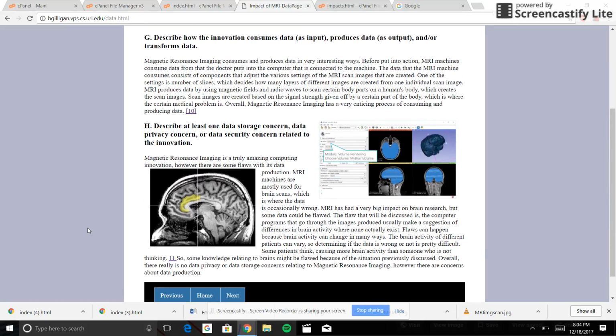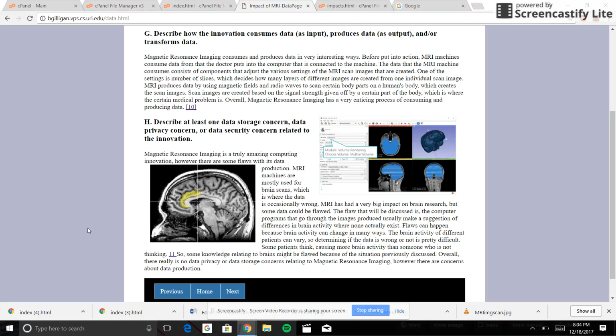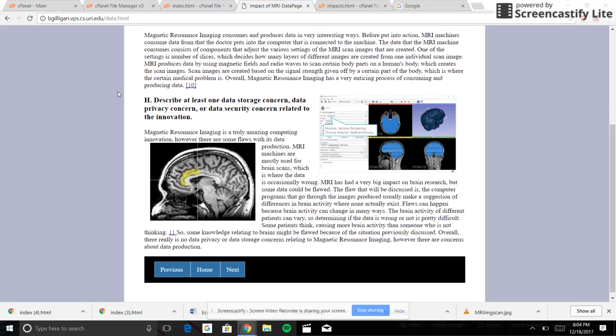Here, I related MRIs to data. First question is, describe how the innovation consumes data as input, produces data as output, and/or transforms data. MRI consumes and produces data in very interesting ways. The doctor puts the MRI into action by pressing a button on the computer.